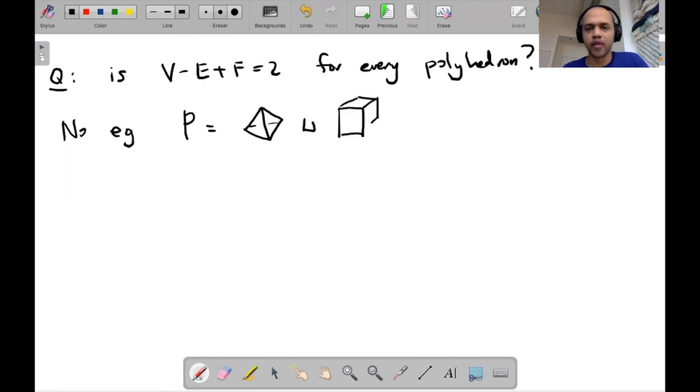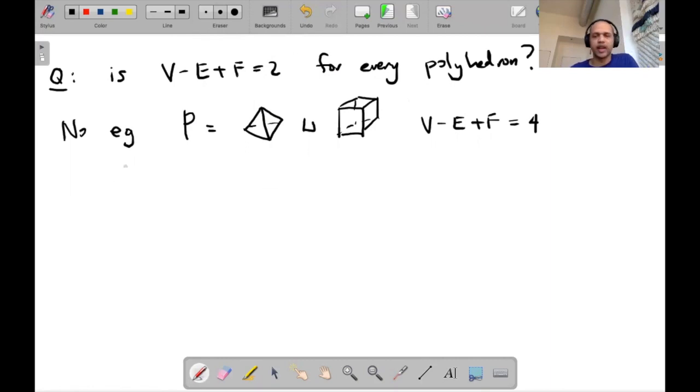So the number of vertices, edges, and faces just adds. So here you get 4.